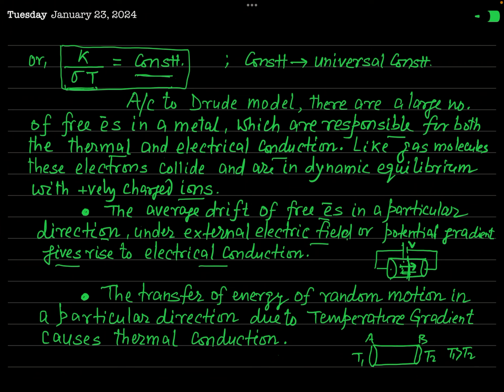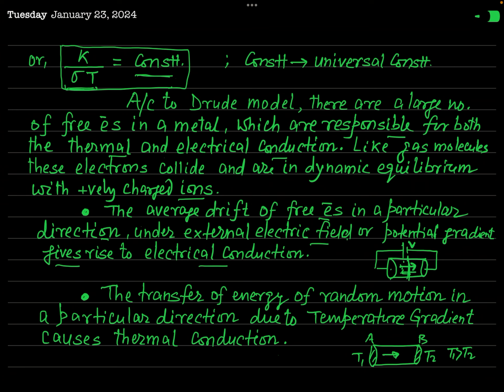Then there will be a temperature difference between the two ends of this specimen, and due to this, thermal energy is carried by the electrons in this particular direction. This flow of thermal energy through a section in a particular direction gives rise to thermal conduction.